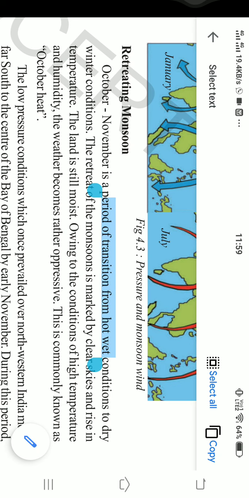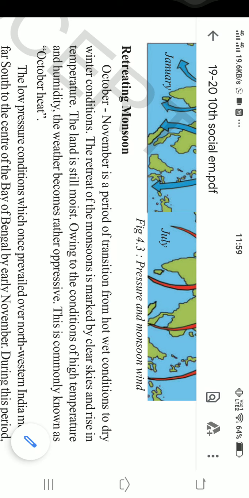Right? October, November is a season when winds blow from the north part of India to the Indian Ocean. That is, from the Indian subcontinent to the Indian Ocean, the winds blow, and these winds from the subcontinent are dry.